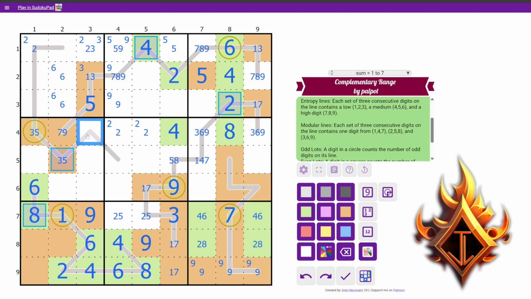It cannot be 2, 5, 8. Is that doing anything? I need to use 4, or wait.